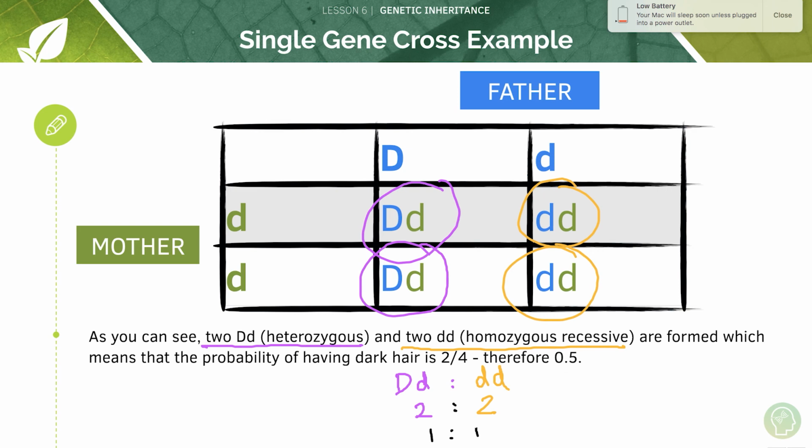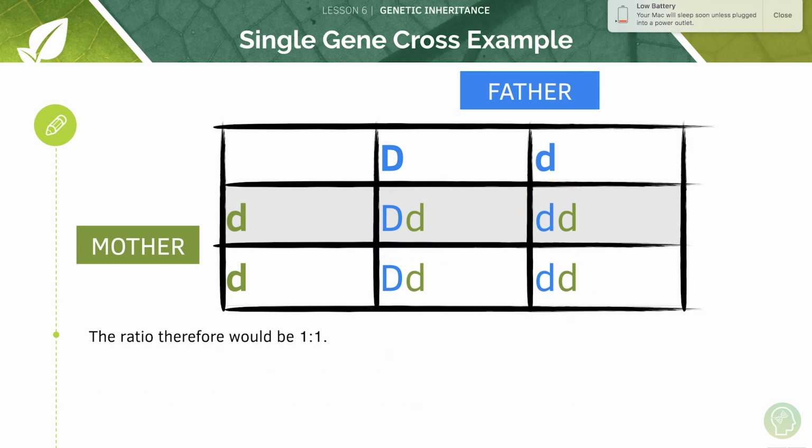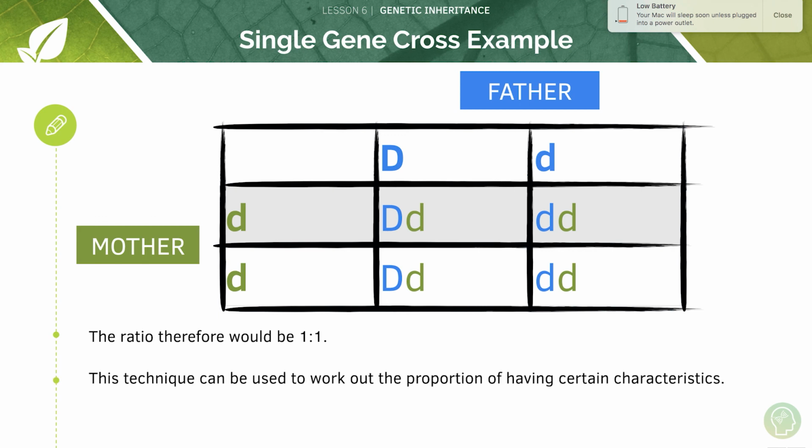So the probability of their child having dark hair is 50%. But the probability of their child having light hair is 50% as well. And as we said, the ratio therefore would be 1-to-1.